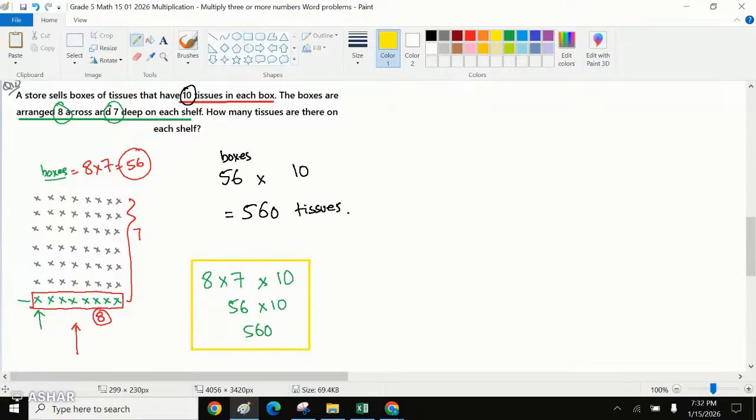Showing that, yes, there would be 560 tissues, okay? So you can do it either way. What I did was I showed that there would be boxes. I did the boxes separately. Then I did the multiply with the number of tissues, okay? Okay. Let's see for the next one.